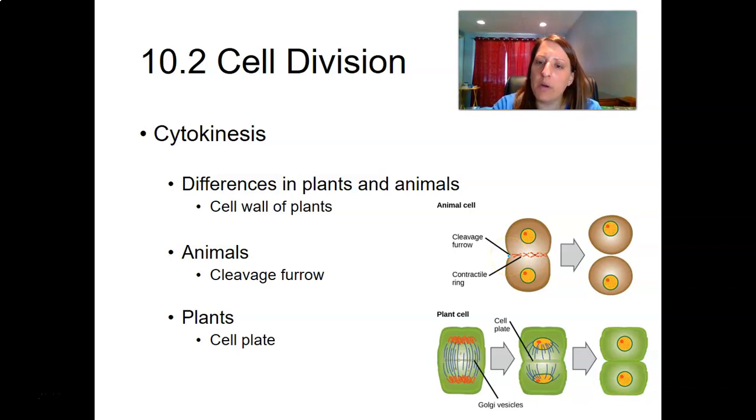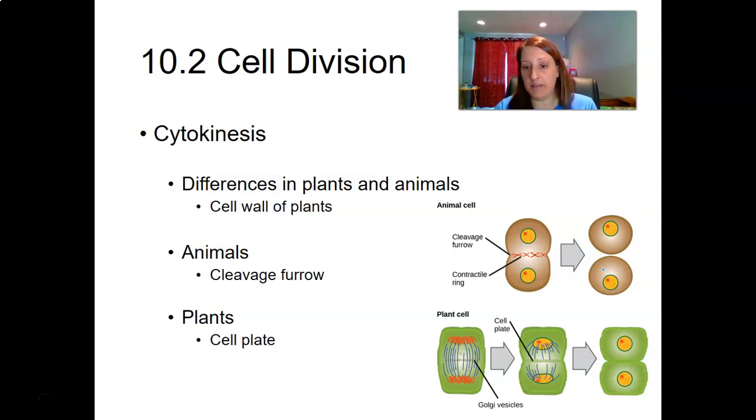And one of the key hallmark things that we see under the microscope when this is occurring is this indentation right here, which scientists have coined the cleavage furrow. Okay, that's the start of this division of the cell. And eventually, once this pinches and pinches and pinches, we end up with two cells. So a key hallmark of cytokinesis in animal cells is the presence of the cleavage furrow.